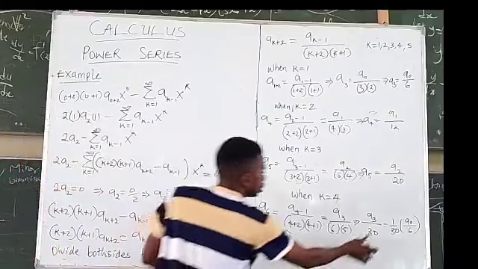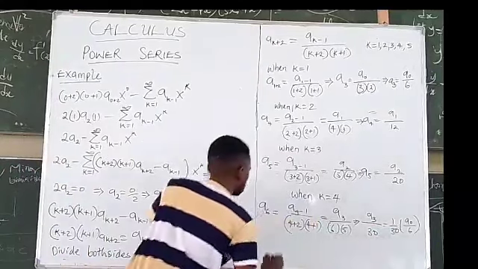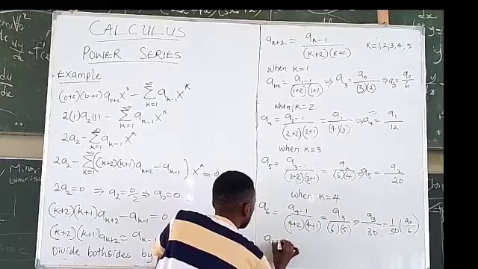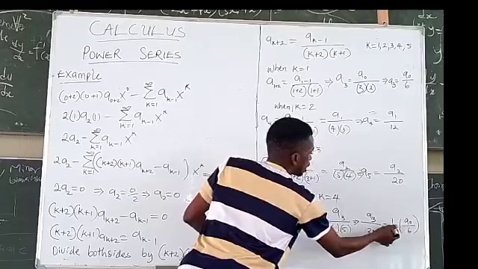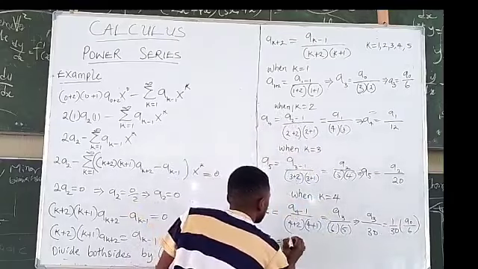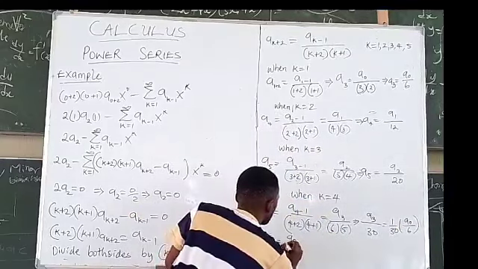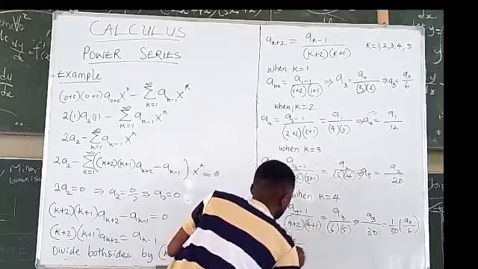Okay, from here, you can now multiply 30 times 6. Our A6 will become A naught times 1 becomes A naught all over 30 times 6 becomes 180.